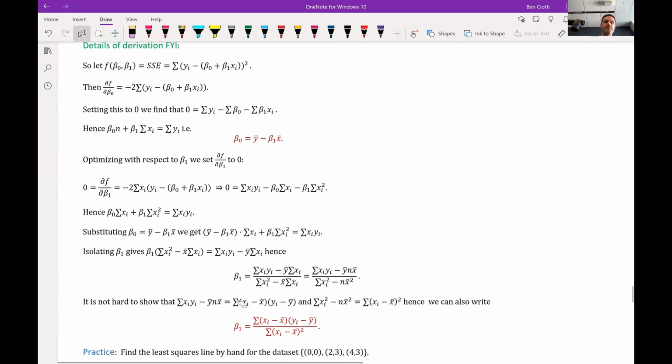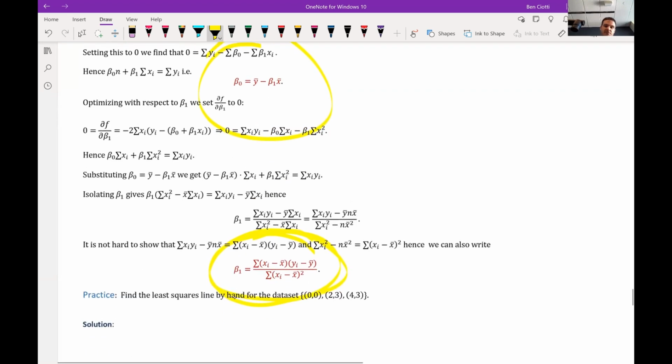The conclusion is two formulas for beta 0 and beta 1 that we will use. Beta 1 can be found to be this expression right here. It's the sum of the product of the ith deviation of the x values and the ith deviation of the y values, divided by the sum of the squares of the deviations of the x values. So that's how you get beta 1, the slope.